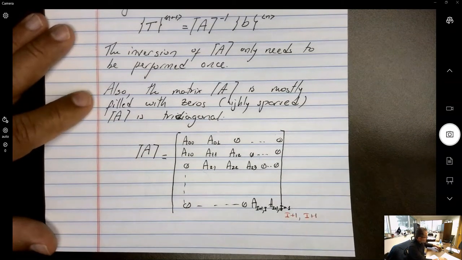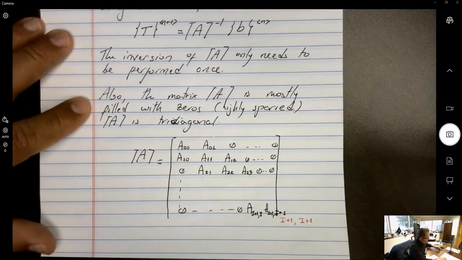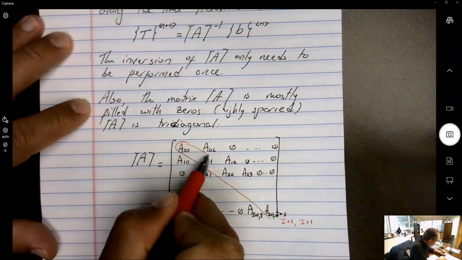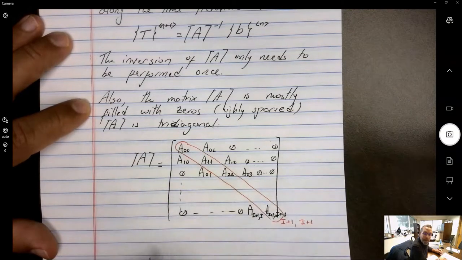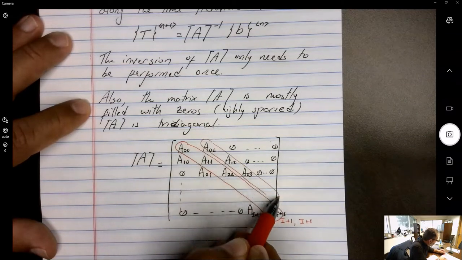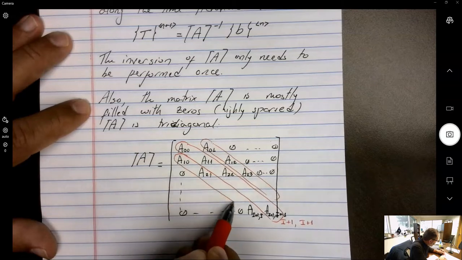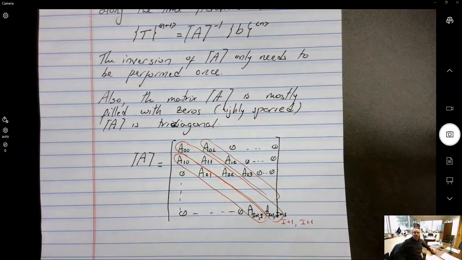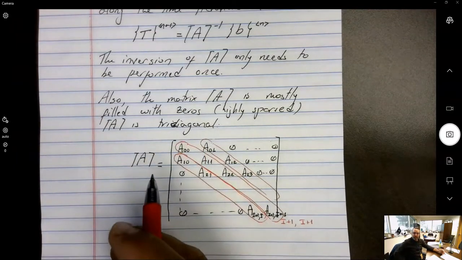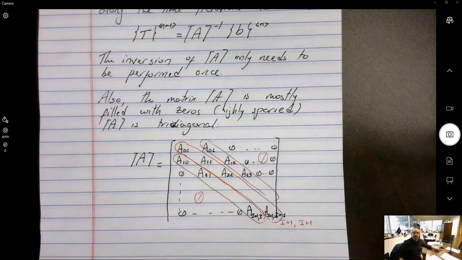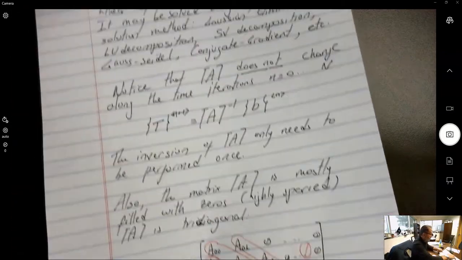So basically, this matrix has a diagonal, a super diagonal, and a subdiagonal. Only the diagonal right above and the diagonal right below, and everything else is filled with zeros. So these can be solved very efficiently.